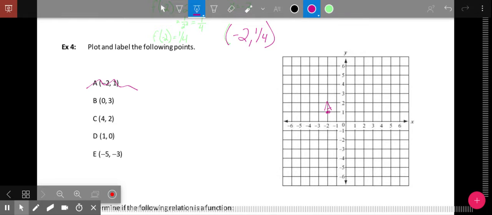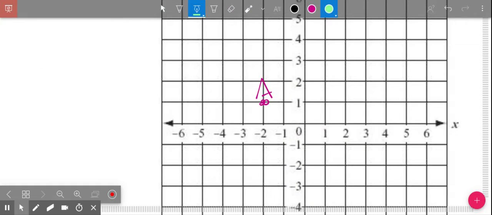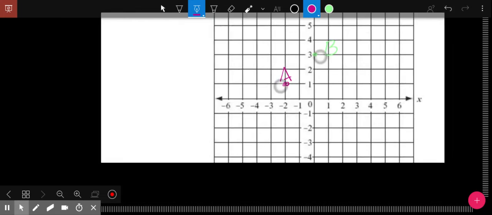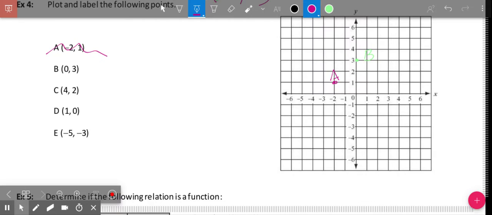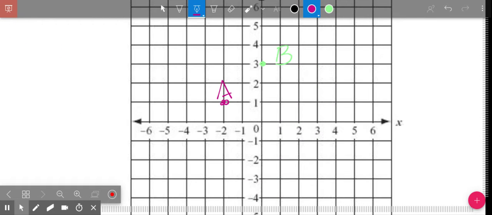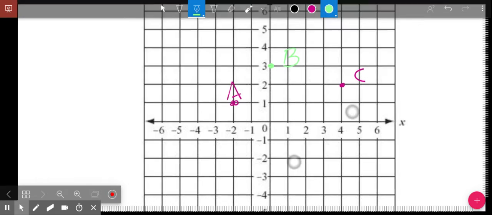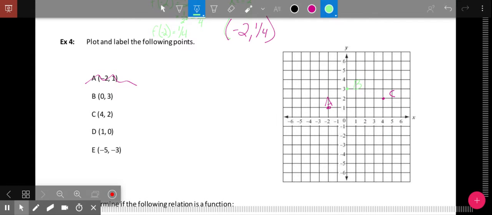All right, so I hope you took the time to plot those points. Okay, part B, we have the point (0, 3). So I stay at 0 and I go up to 3. So that's going to be point B. The next one was point C, and that was (4, 2). So I'm going to go over to 4 and up to 2, which was C. Point D was (1, 0).